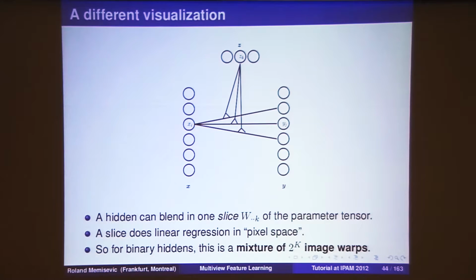It's basically a linear model, like linear regression. So you can think of this model also as doing a mixture of linear regressors, which just map the x to the y equivalently. And if you set this up as a gated Boltzmann machine, so if you use the Boltzmann machine version of this model, it turns out that you exactly get a mixture of, in this case, 2 to the k, where k is a number of hiddens, linear regressors.